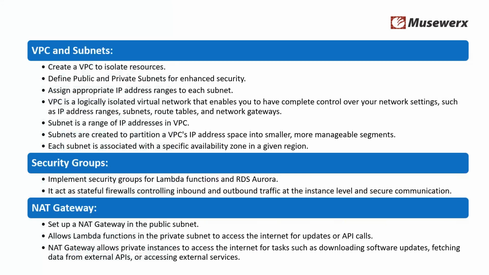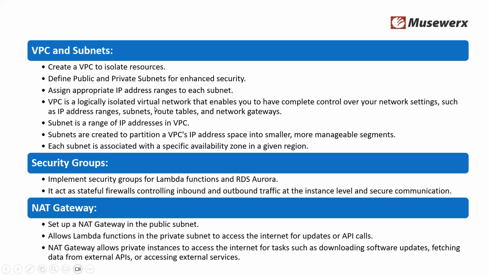So just a quick rundown of VPCs and subnets. I will just provide a high-level overview. VPC is used to isolate resources, with public and private subnets for enhanced security. We can assign an IP address range to each subnet.